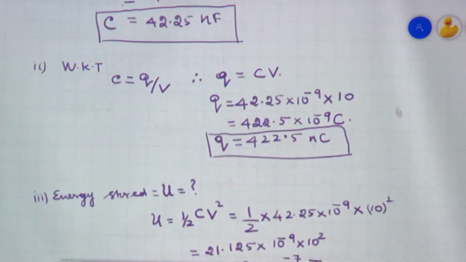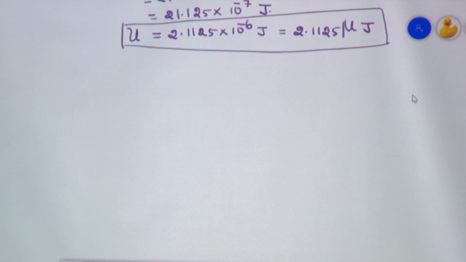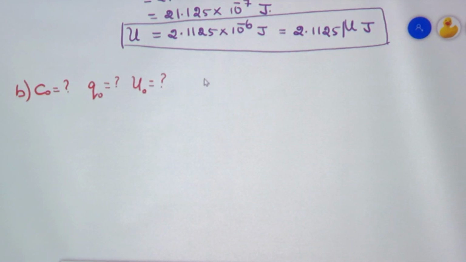Option 2, that is the second subdivision here, that is B. See, in B, they have asked to calculate all the three: capacitance C0, then charge Q0, then potential energy epsilon naught, after removing the dielectric and the battery got disconnected.